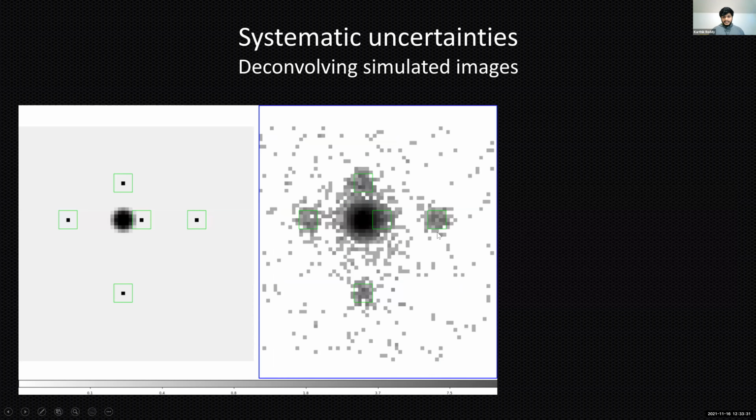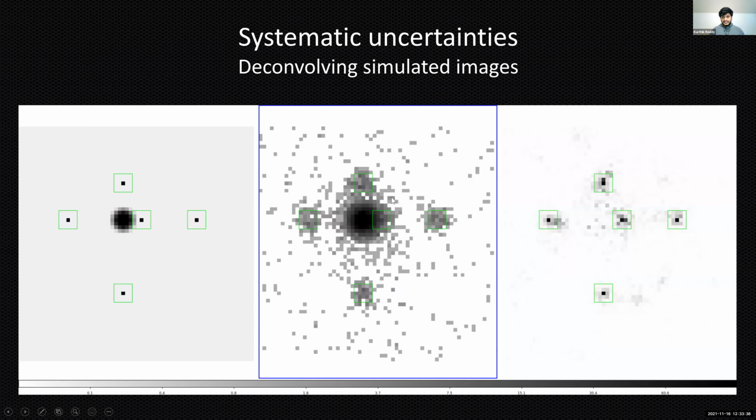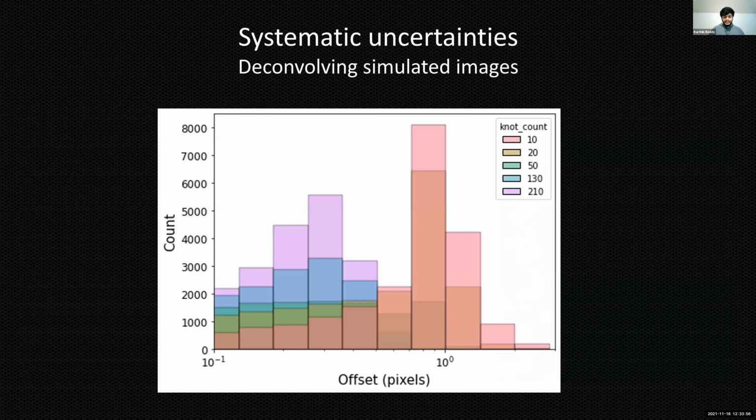So this is a sample observation with 5,000 core counts and 130 knot counts, and this is how the LIRA average image looks. For each knot region, I'm estimating the centroid on the LIRA iteration, and then computing its offset from the actual location of the knot that I specified. This is one distribution from the simulations with the SAO trace PSF.